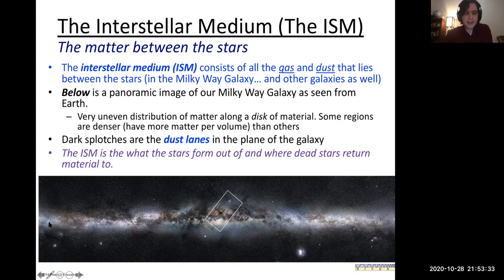But what you're seeing is the disk of our spiral galaxy that's flat like a disk, and it looks like a Milky Way. It looks like this milky streak because the stars are so close together that the light gets blurred together. We can't resolve the individual stars, so it just looks like this white blur. If you could have high resolution and zoom in, you'd see that it's made up of billions of stars all so close together that we can't distinguish them apart.